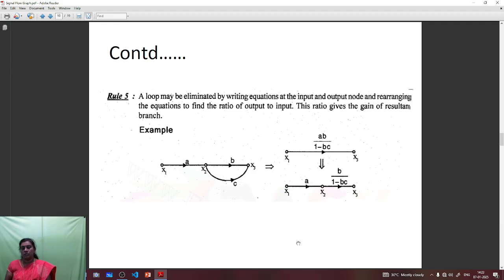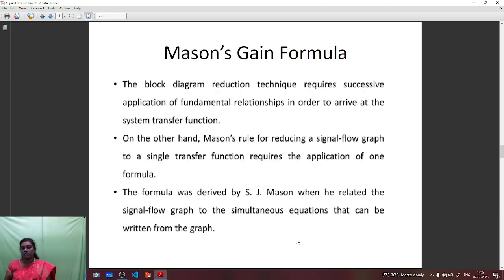So these are some of the rules used in signal flow graphs. Next we will see Mason's gain formula. As I have already discussed, the block diagram reduction technique is very difficult for complex control systems.